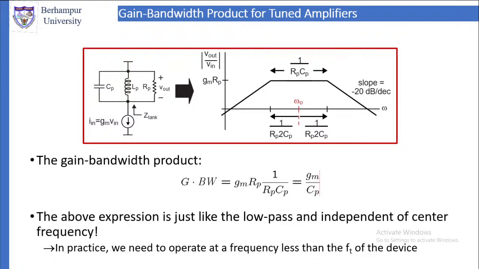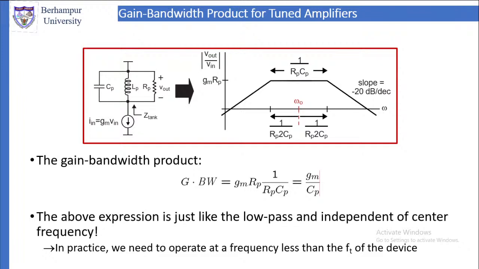So at resonance, there will be no energy across Cp or Lp, which means we can find the voltage across Rp. Now what will be the voltage across Rp? Voltage across Rp is equal to current into resistance.